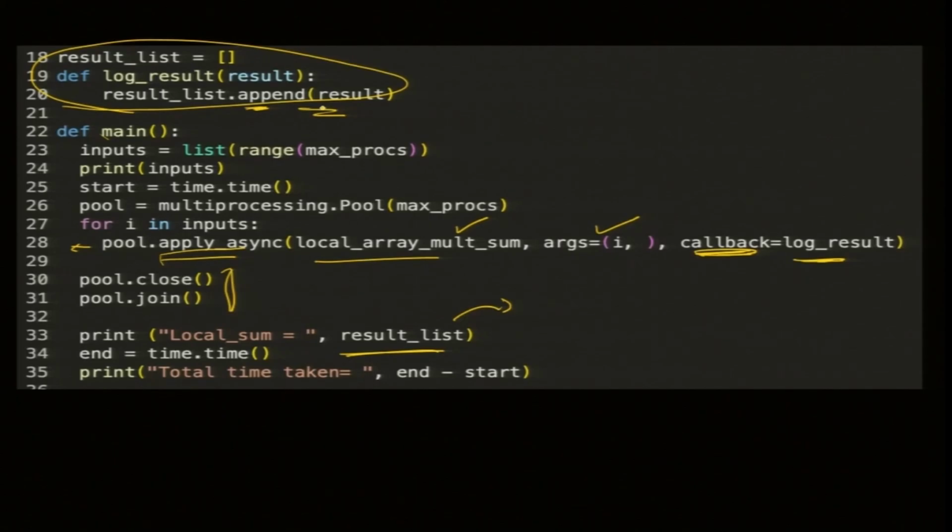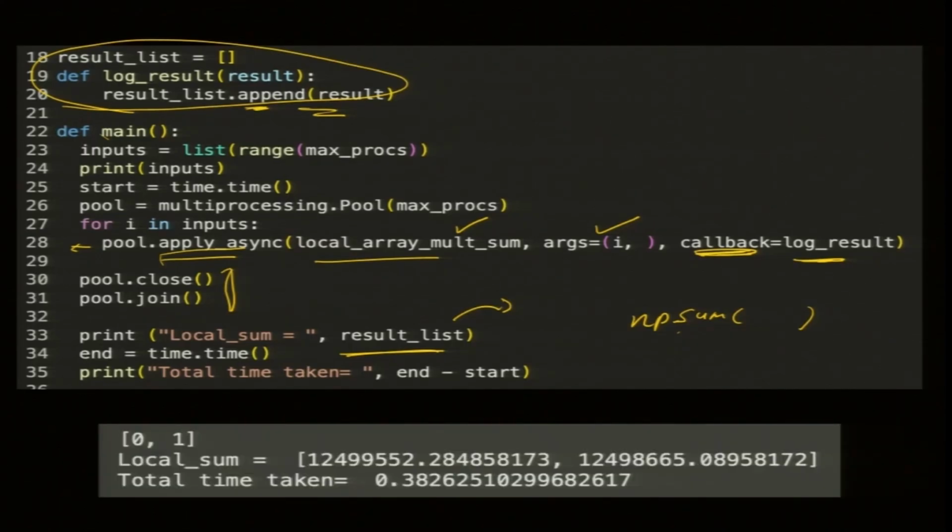Sum is not available for a list, it only works for an array, it is part of NumPy. So, I need to convert it to an array, or you could make a loop. This is called np.sum. In any case, this is how we do it with pool async. Okay. So, the numbers are roughly 0.38, 0.39, 0.4.